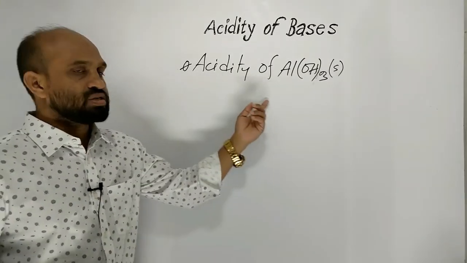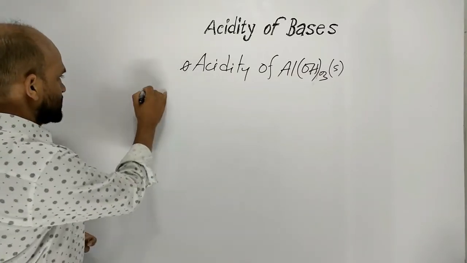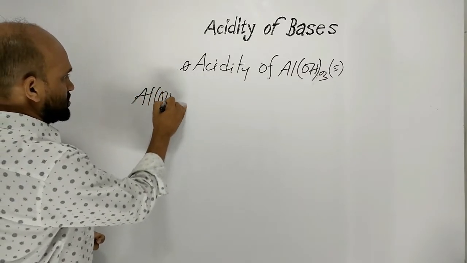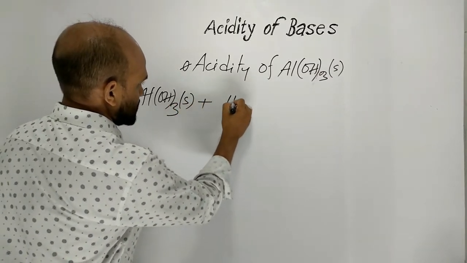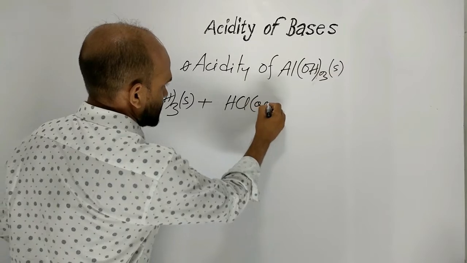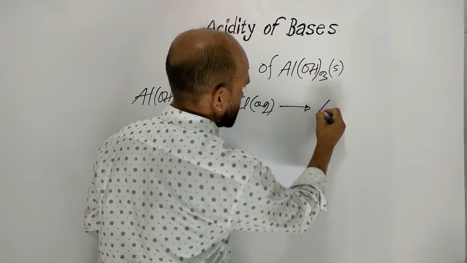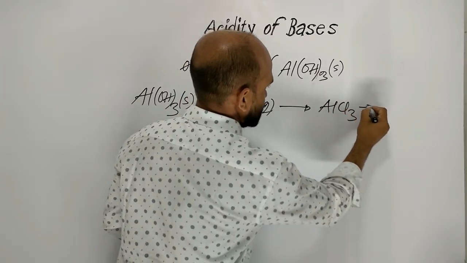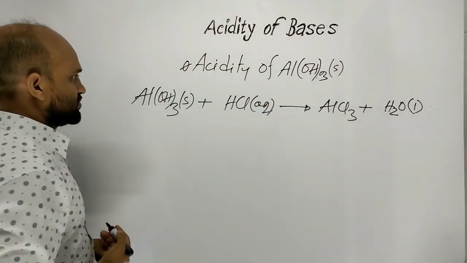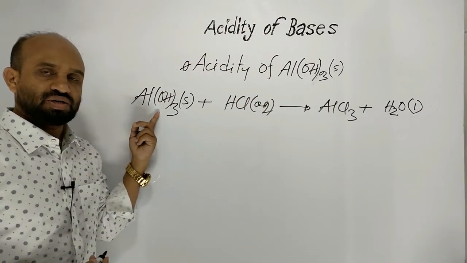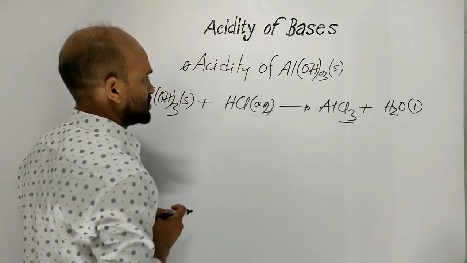Now, acidity of aluminum hydroxide. Aluminum hydroxide reacts with hydrochloric acid and forms aluminum chloride and water. First of all, the reaction is balanced. Here 3 chlorine atoms.